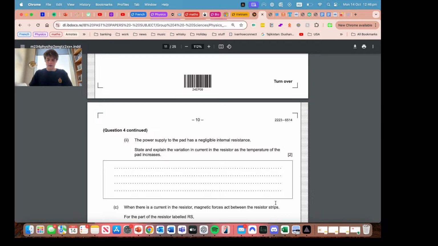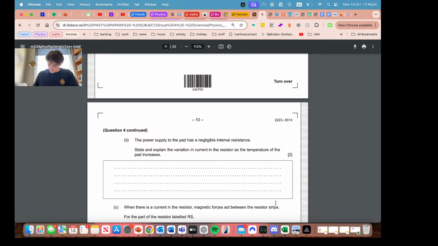The graph shows a variation with time of the output EMF between X and Y. Draw on the graph the variation with time of the potential difference between A and B. Okay.